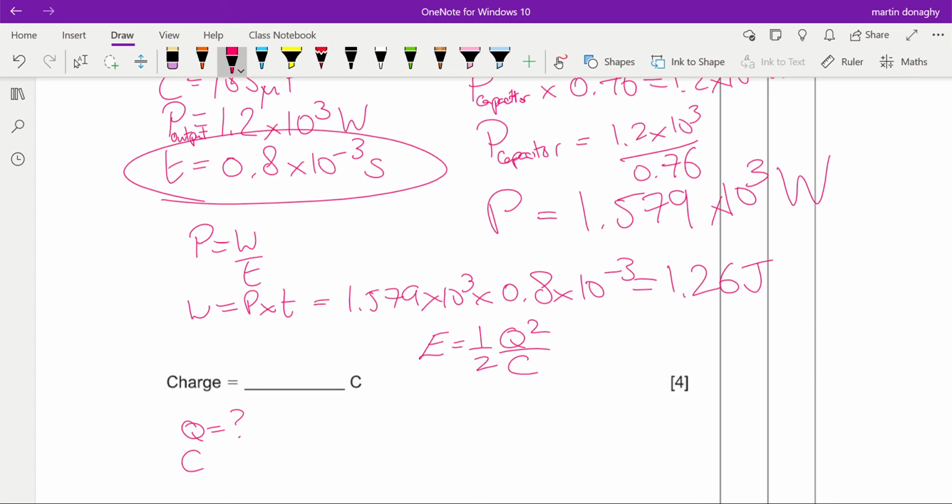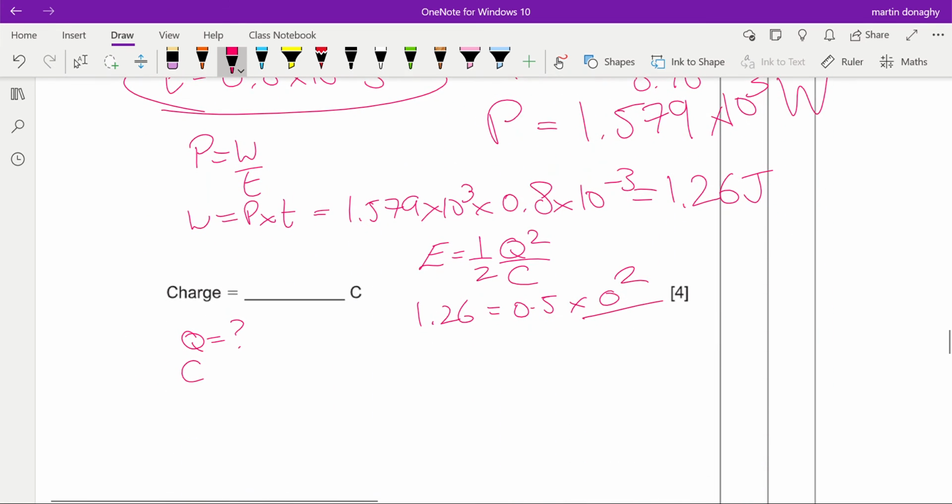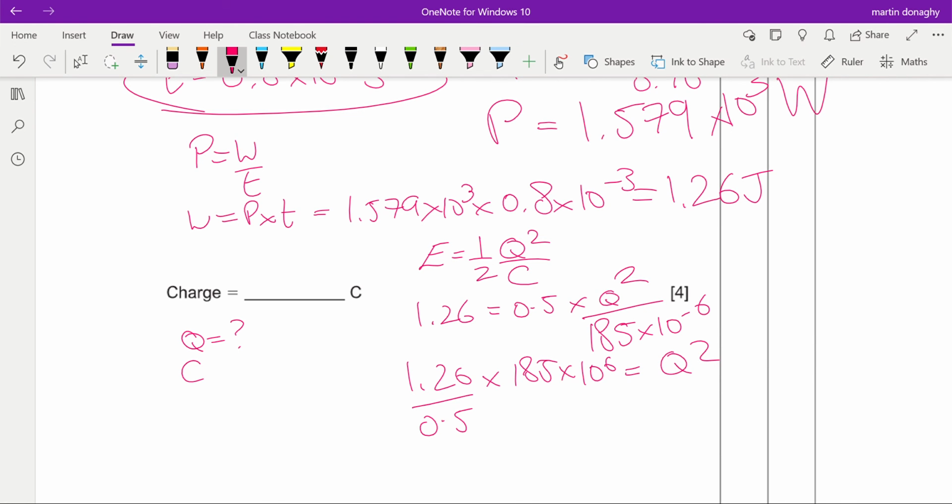It's very rare we use that one actually. So we can put in our values. 1.26 equals 0.5 times Q squared over our capacitance, which is 185 by 10 to the minus 6. 1.26 divided by 0.5 multiplied by 185 by 10 to the minus 6 equals Q squared, which gives Q squared as being 4.662 by 10 to the minus 4.